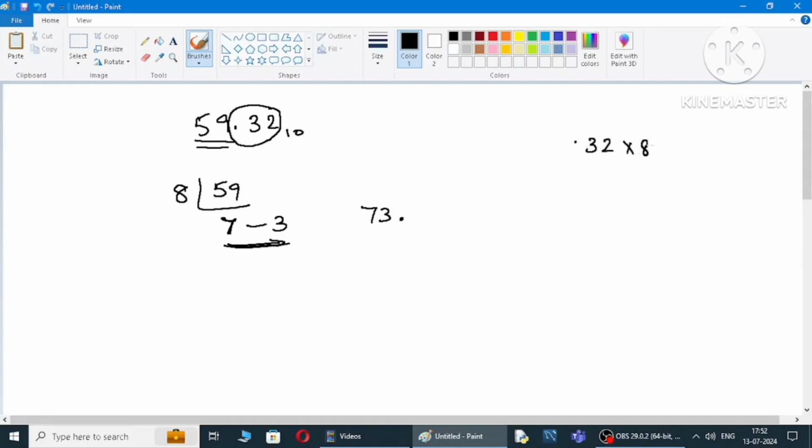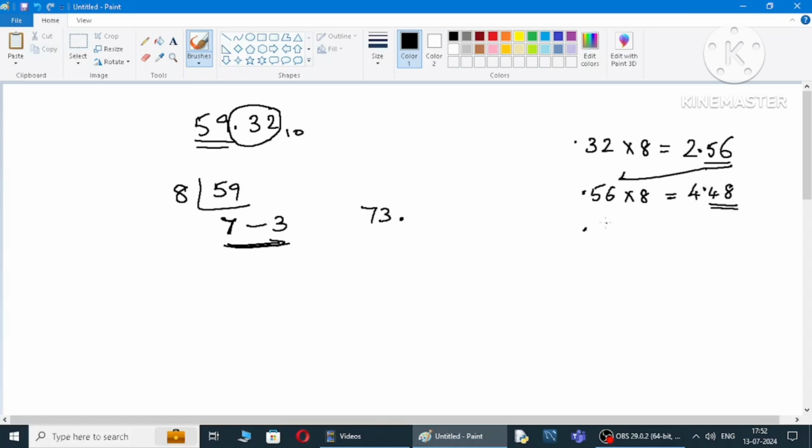0.32 into 8. 8 2s are 16, 24, 25, 2.56. Now take this part alone and multiply. 0.56 into 8, which is 4.48.